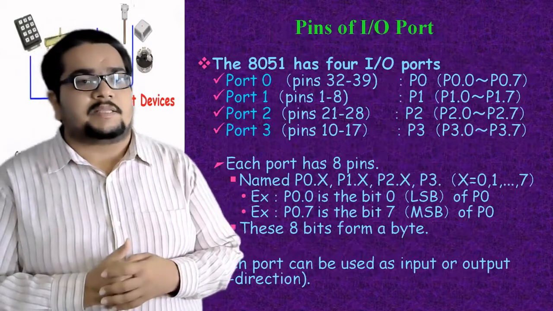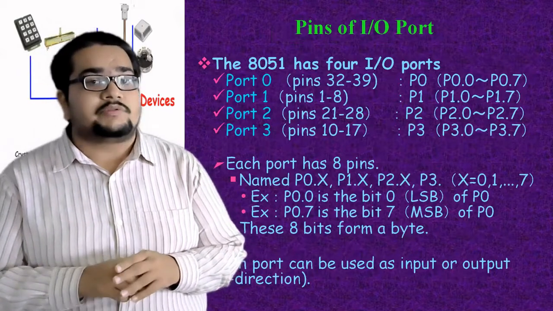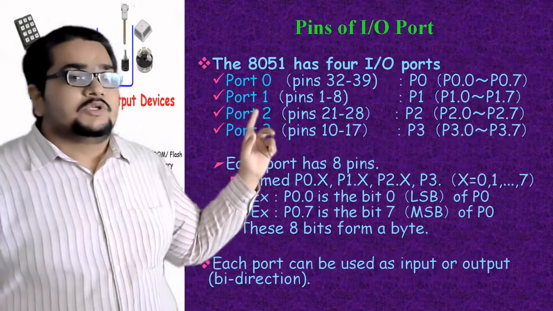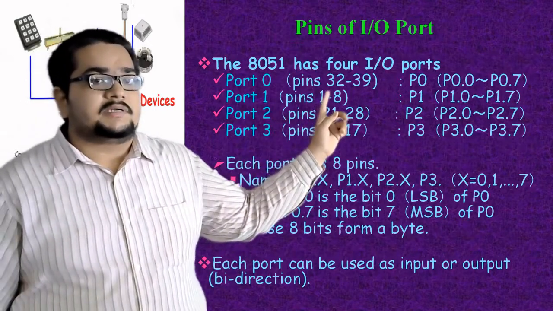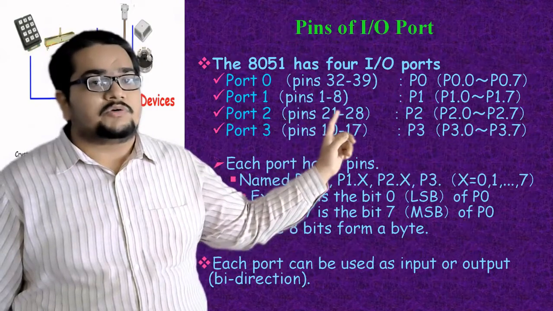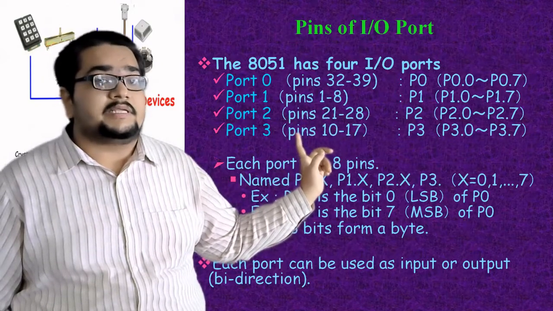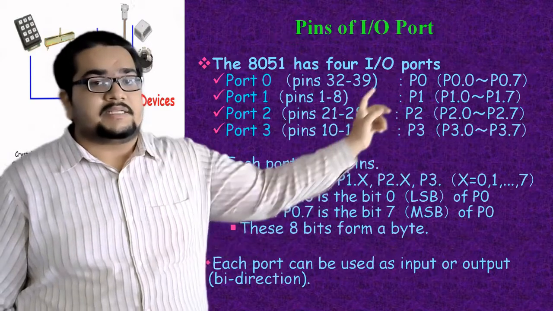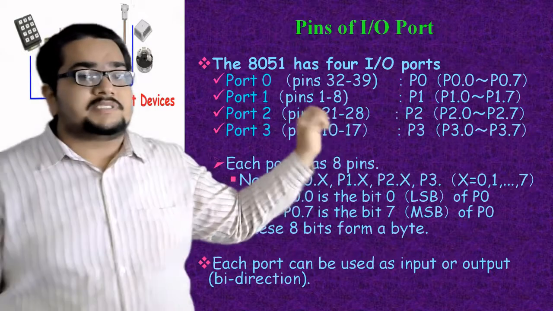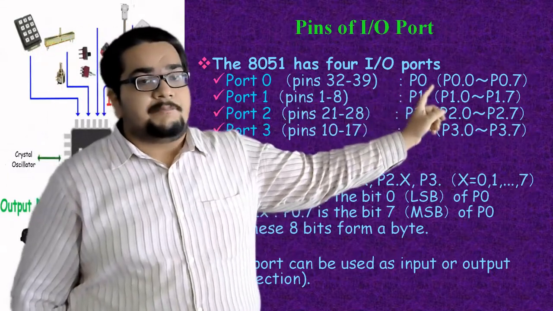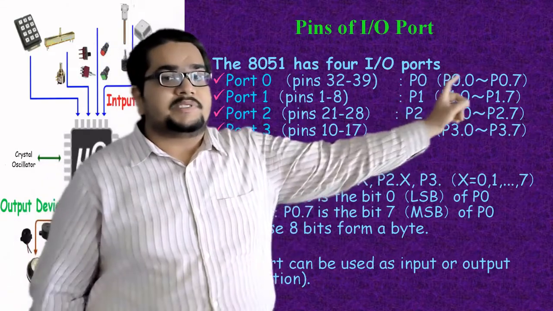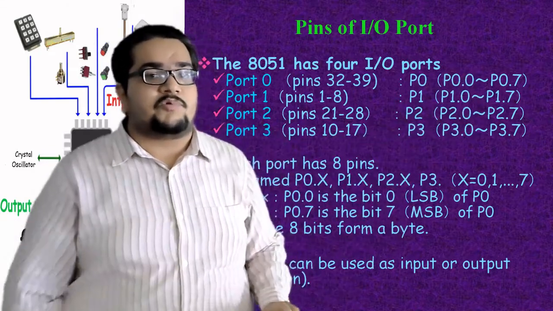When we say these are bidirectional IO pins, how are the individual bits designated? Port 0 pin numbers are 32 to 39. Port 1 is pin number 1 to 8, port 2 is 21 to 28, and port 3 is pin number 10 to 17. They are indicated as P0, P1, P2, P3. Individual pins inside them are indicated as P0.0 for the first pin of port 0, and P0.7 will be the last pin of port 0.